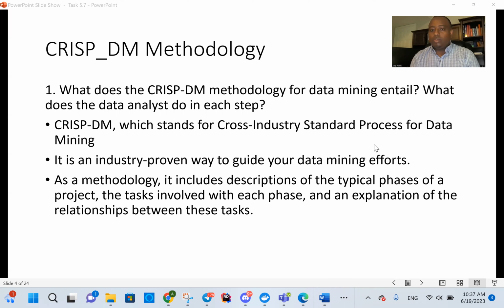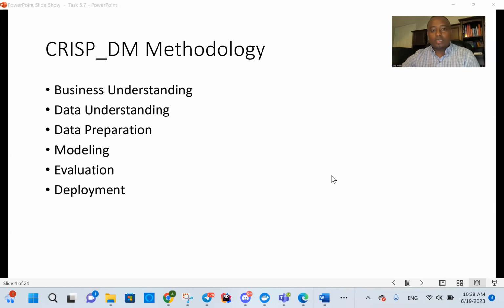You may find it very helpful when you are intensively working with data at a big data level. As a methodology, it includes a description of the typical phases of a project, the tasks involved with each phase, and an explanation of the relationships between these tasks. So it is a very handy tool for an analyst.